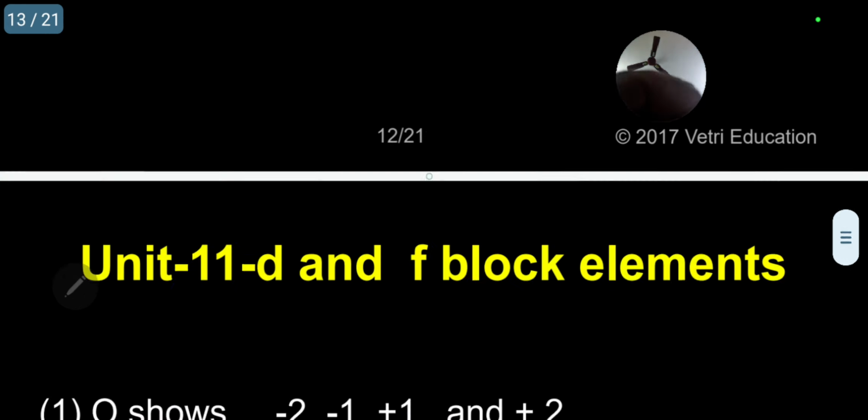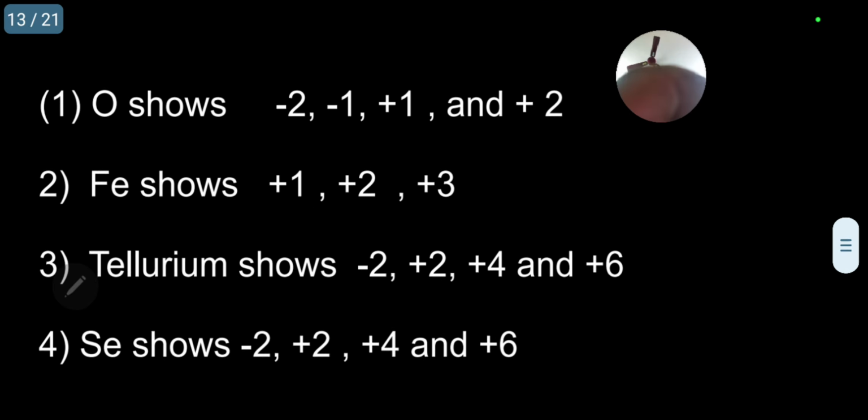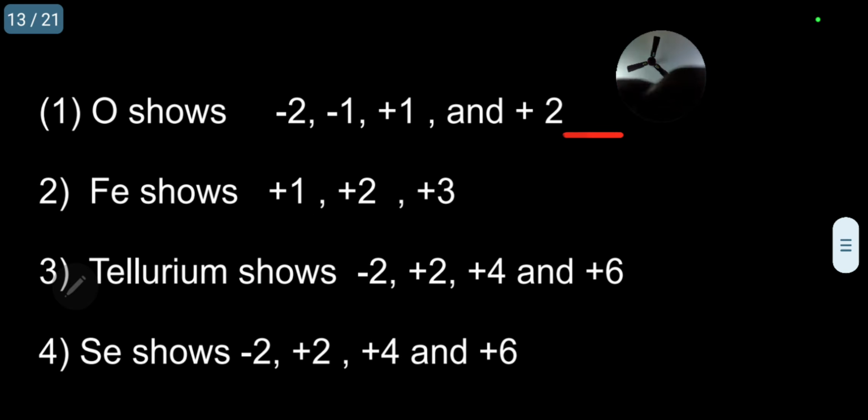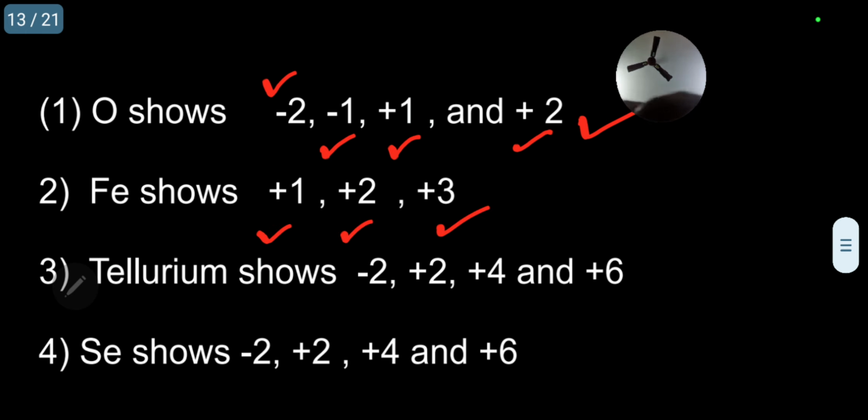Here, for all the 4 elements, I am giving the oxidation states. Oxygen: -2, -1, +1, +2. Iron: +1, +2, +3. Tellurium: -2, +2, +4 and +6. And selenium: -2, +2, +4 and +6. What is the question?